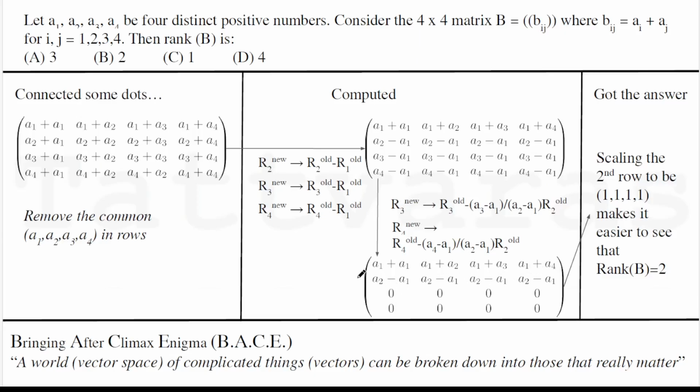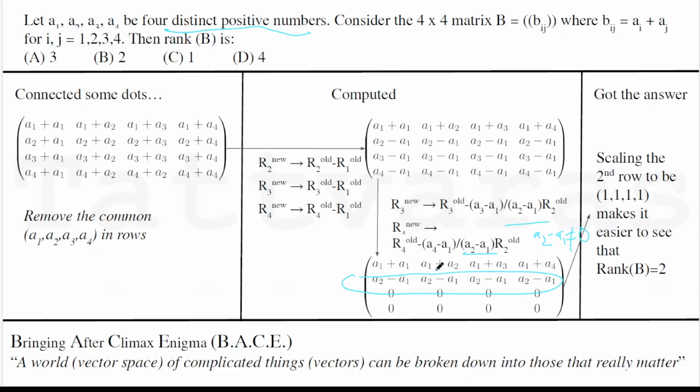Because you can then scale this row by A2 minus A1 to have it as all ones. And all of these operations involving this scalar division are possible because we have 4 distinct numbers. And what it means is that A2 minus A1 cannot be 0. Hence, this is justified.